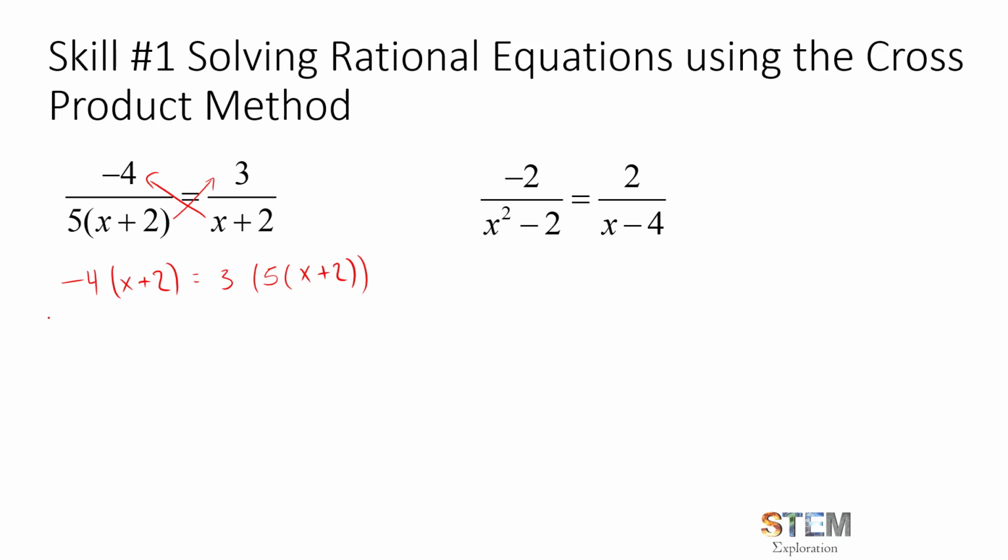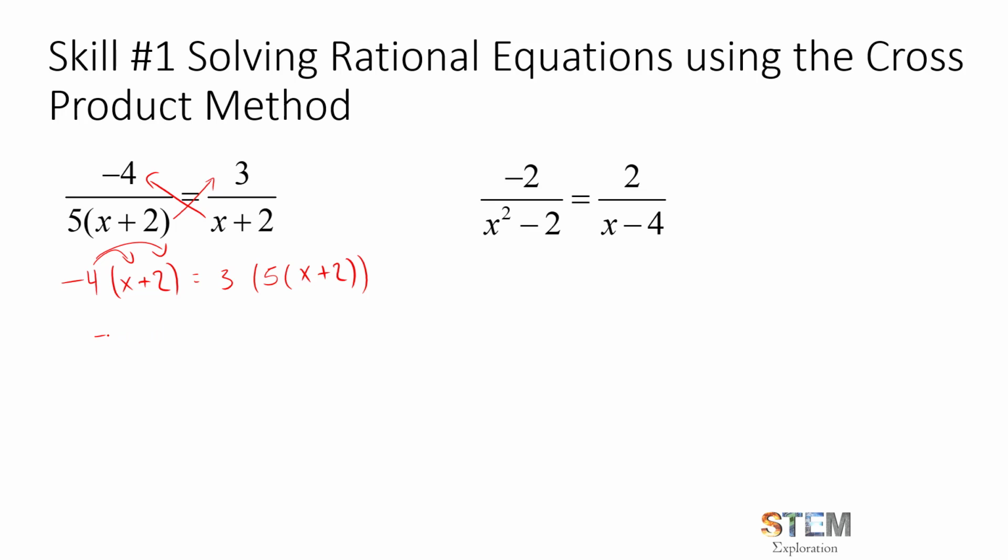And really what you're doing is just multiplying both sides by both denominators so that they all cancel out in the end.